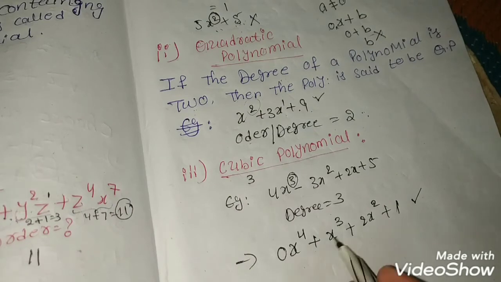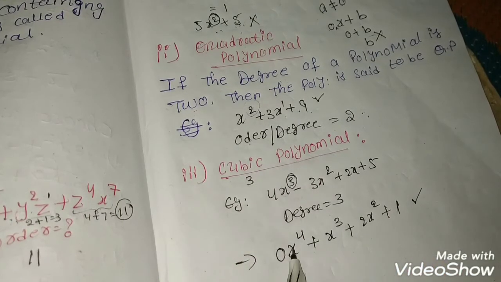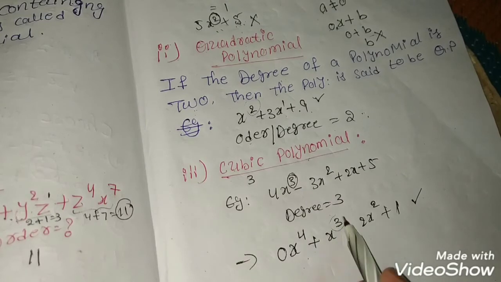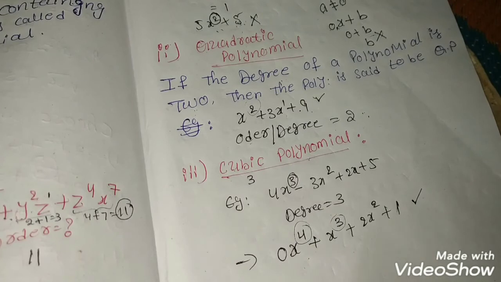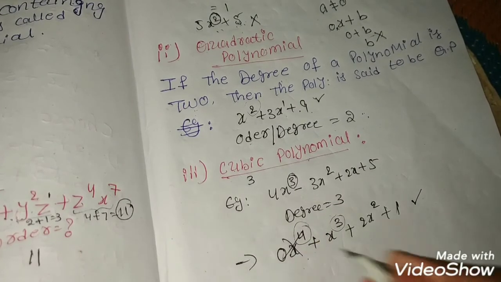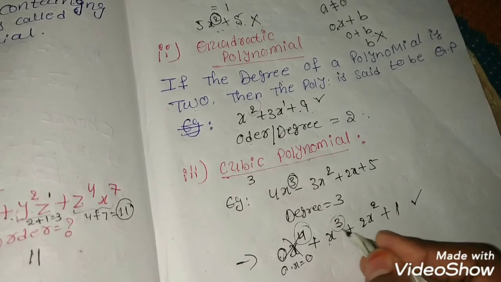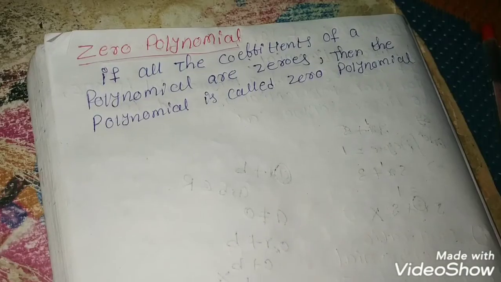If we want a cubic polynomial, we need the degree to be 3. But here it looks like the degree is 4. How can you declare this? See, 0 into x is nothing but 0 itself. The highest degree is 3. Then we can say this is a cubic polynomial.